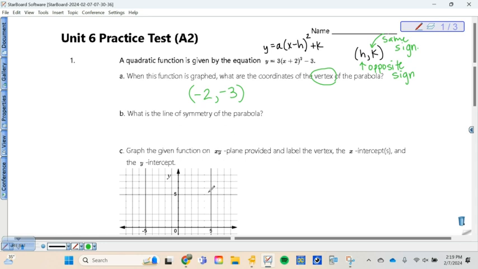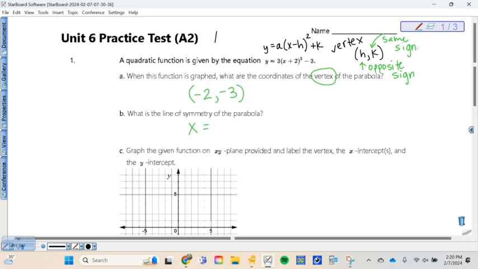And then what about the line of symmetry? What would be my line of symmetry? X equals, yeah. So from vertex form, right, HK is my vertex.